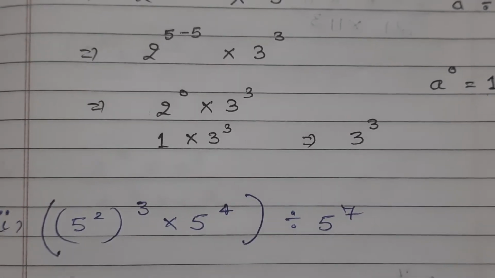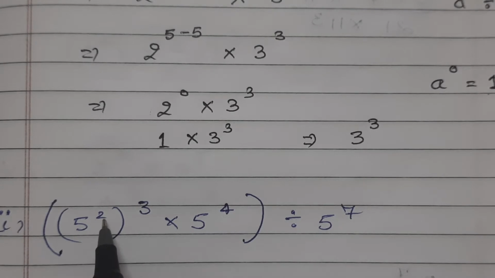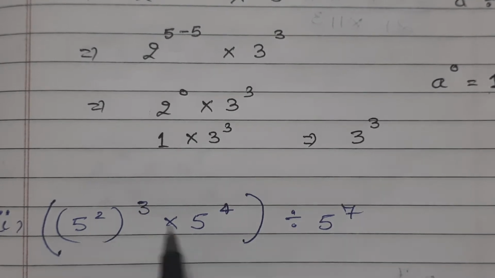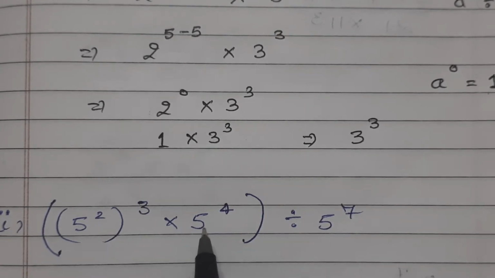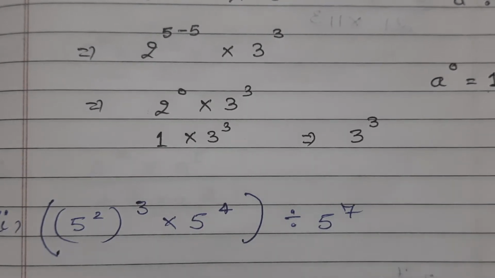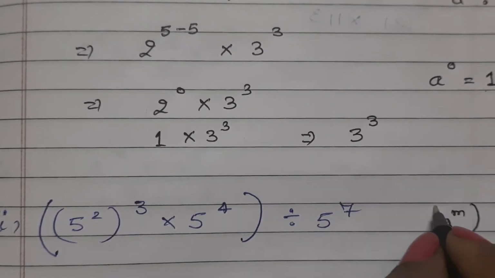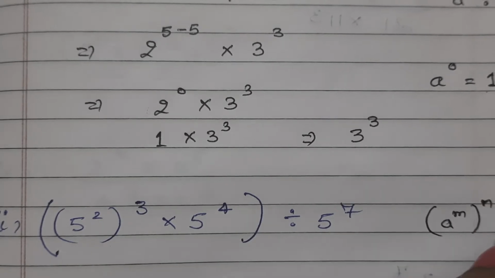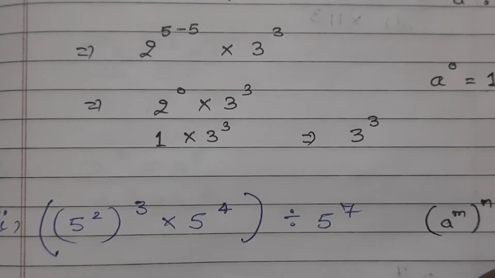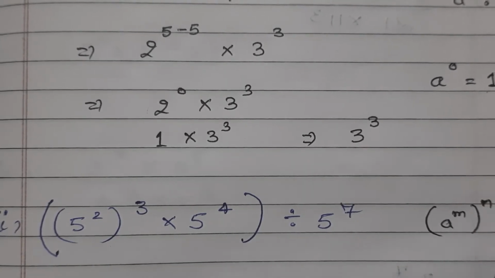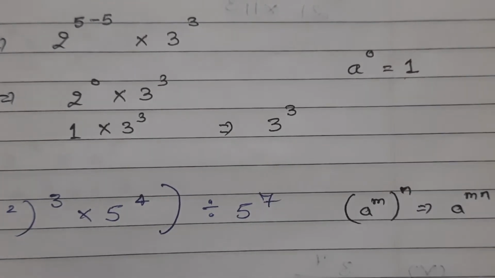Next is 5 to the power 2 raised to the power 3, multiplied with 5 to the power 4, divided by 5 raised to power 7. So the first law here will be a to the power m to the power n, so we will write a to the power m into n.